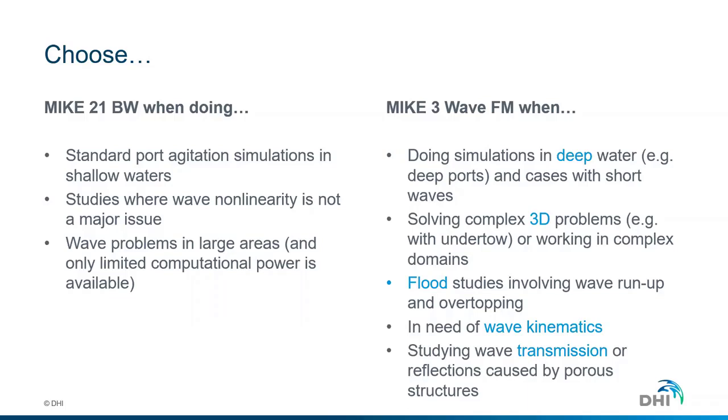And of course, if you need the wave kinematics accurately, then you would rather use a MIKE 3 Wave FM model than a Mike 21 BW model, since you are not limited by the hydrostatic pressure assumption in the Mike 21 BW. And again, if you are considering, for instance, submerged breakwaters, then you would also consider MIKE 3 Wave FM.